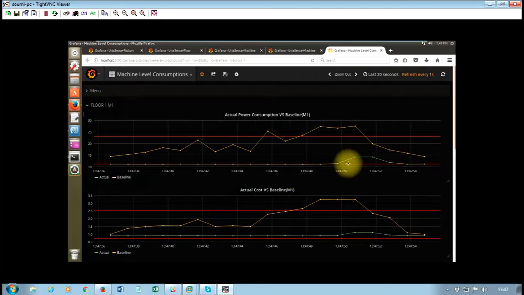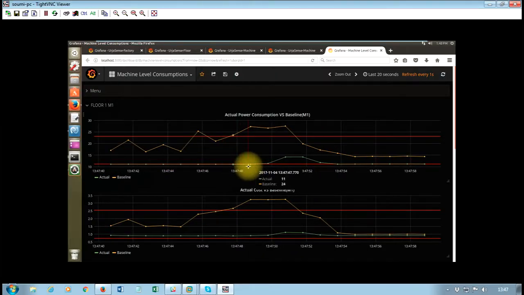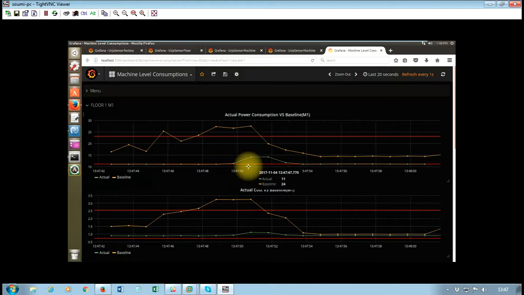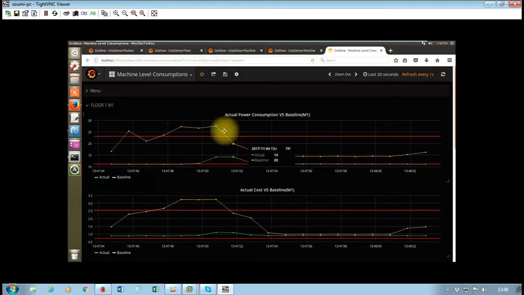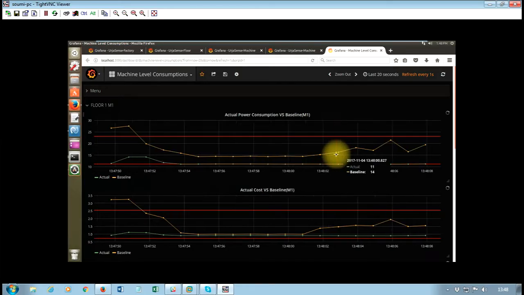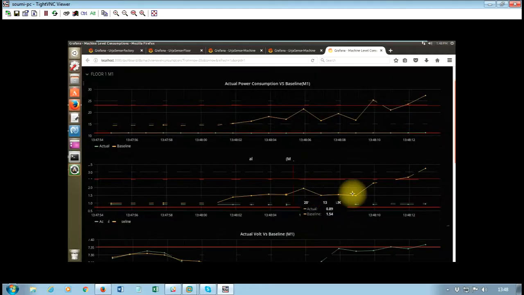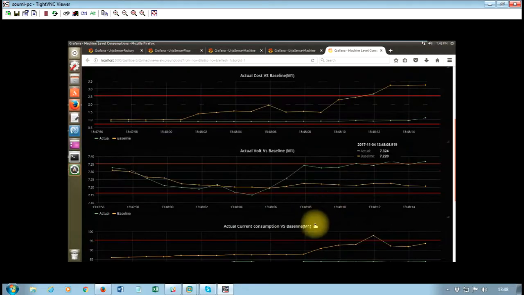And we can see that most of the time the actual consumption is hugging the lower threshold, whereas the baseline consumption is supposed to be much higher at this time. So there is some unusual behavior for this machine at around this time, and this is what is being displayed here.